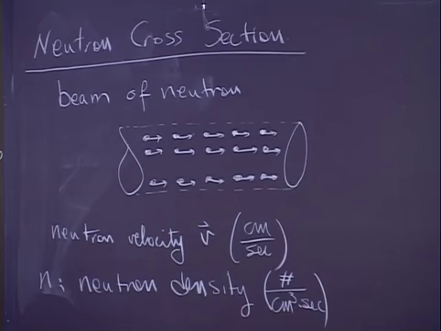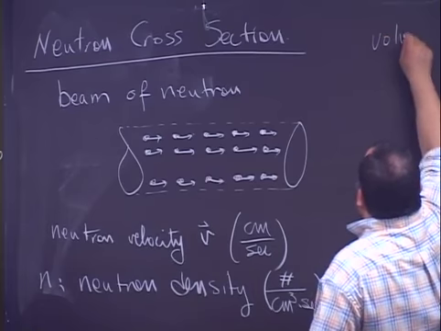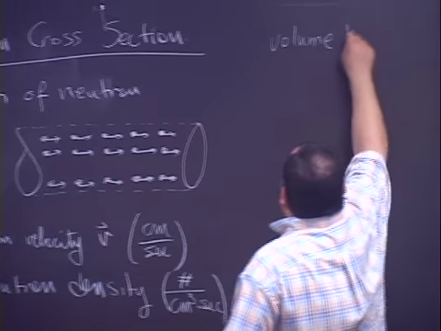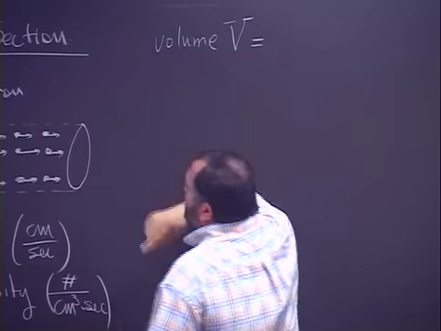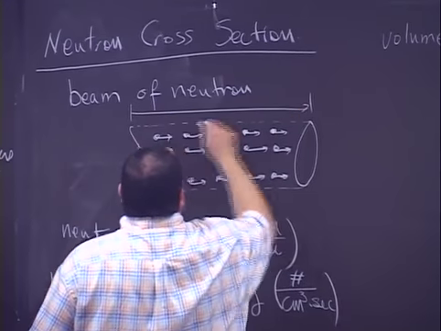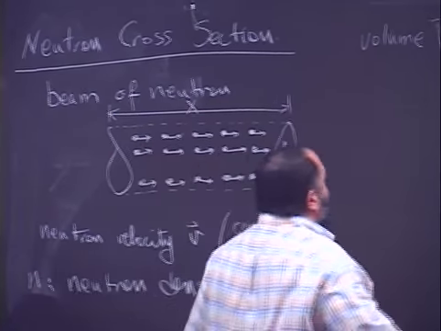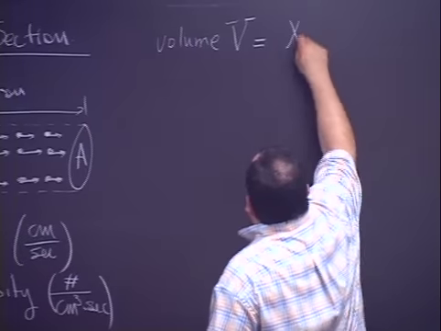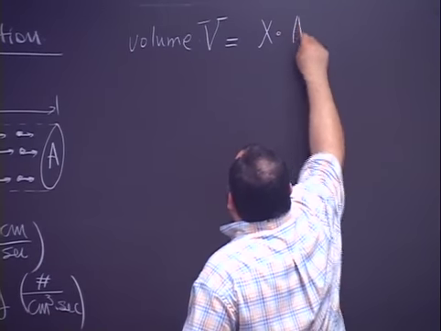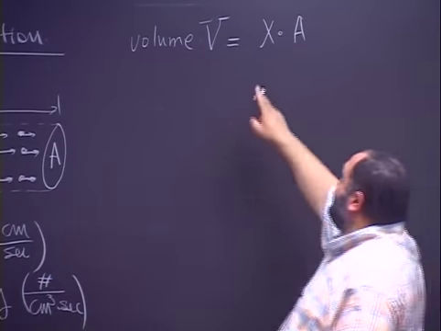So what is the volume of the cylinder, V capital? It will be this distance x multiplied by this area A. And what is the distance x?